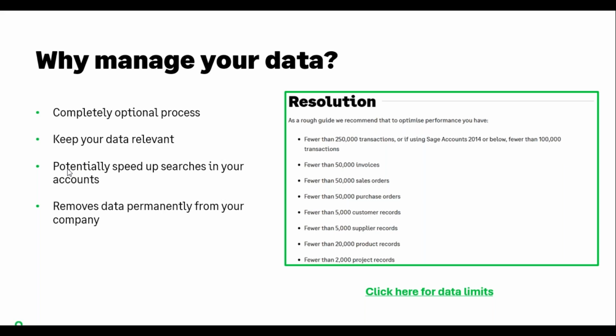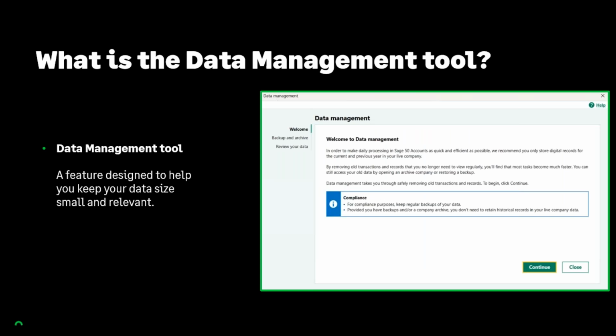So in order to combat that, use the data management tool. Now, what is it? It's a feature that became available in 28.1. It's designed basically to make your processing as efficient as possible and to guide you through a process, as the wizards do within Sage. It does the majority of work for you. It takes the manual aspect out of it, so that you're not introducing human error, especially when you're deleting records.